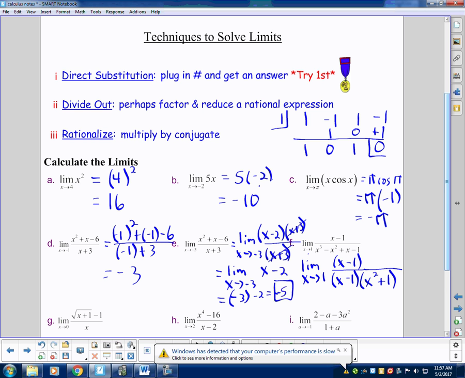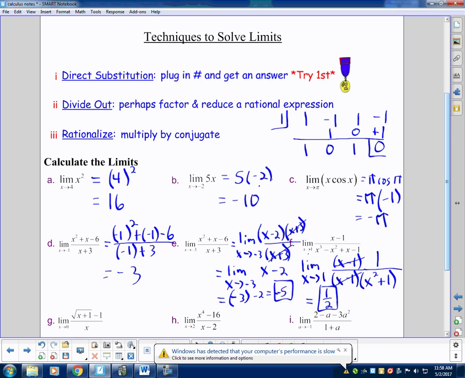If we want to expect anything different to happen than 0 over 0, we want that x minus 1 to cancel out. It cancels out, right? So we're left with a new expression. Limit as x approaches 1 of 1 over x squared plus 1. Now plug in 1. Do you get something other than 0 over 0? You get 1 over 2. So what's the limit? 1/2.